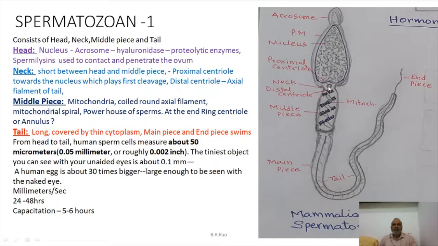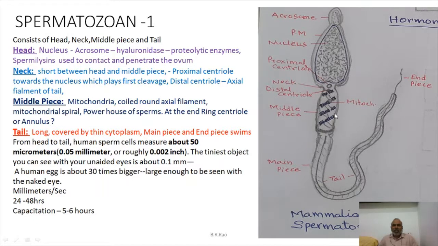It is the proximal centriole. The distal centriole is going to form the axial filament, that is the base for the tail swimming. The proximal centriole is needed for the cleavage of egg and zygote. The distal centriole is needed for the formation of the tail.